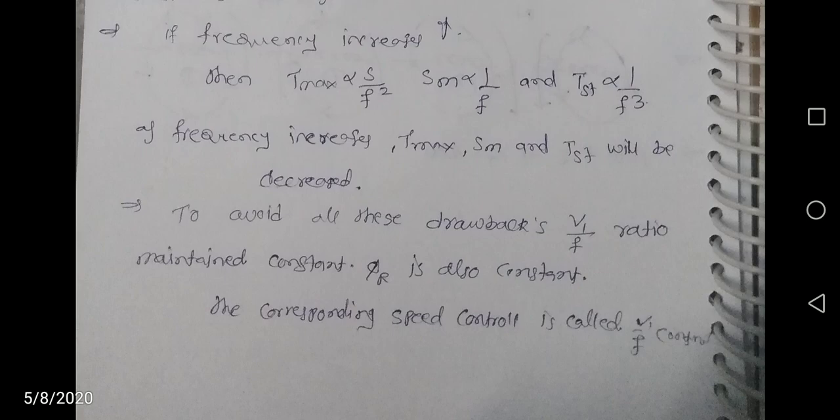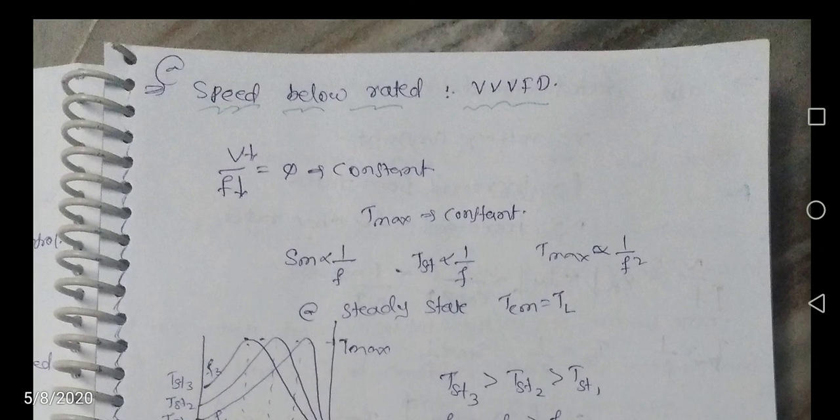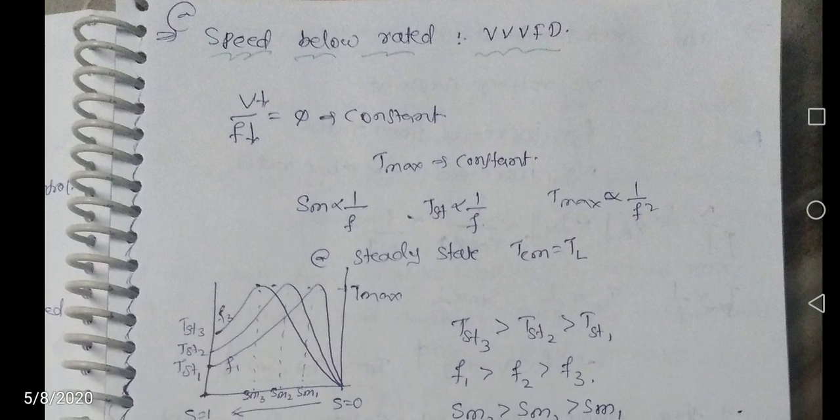The variable voltage, variable frequency control method is suitable for below rated speed applications. So to get a below rated speed in an induction machine, variable voltage, variable frequency control is suitable.